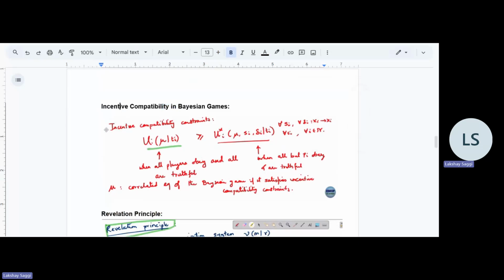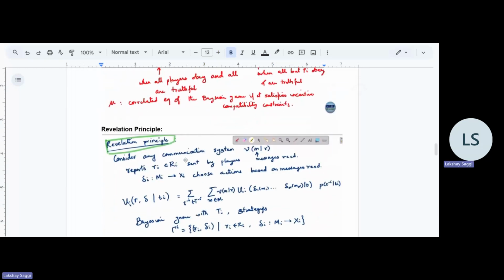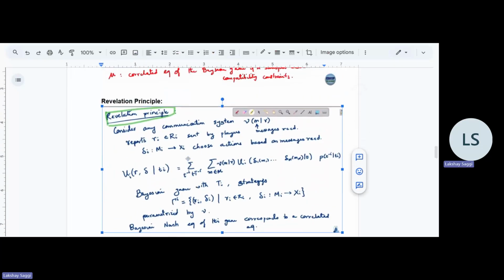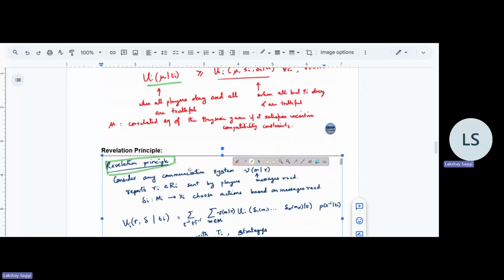One can always design an equilibrium of this form where these incentive compatibility constraints are satisfied for all players, which enforces that if these kinds of strategies are designed by the mediator, then every player will be revealing his or her true type and will also be buying into the plan of the mediator. And then the revelation principle just generalizes this kind of Bayesian games and everything.